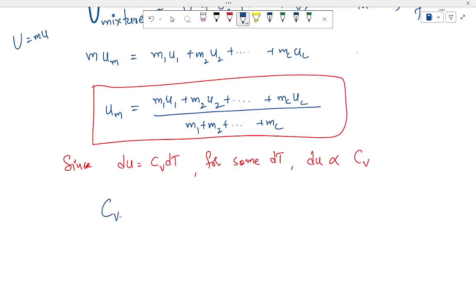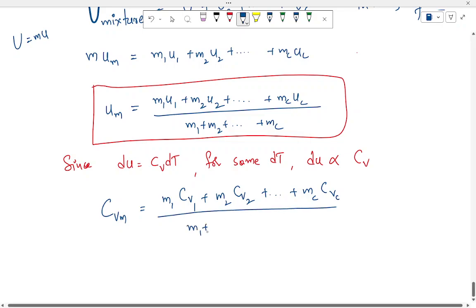The Cv of the mixture will be equal to m1 Cv1 plus m2 Cv2 plus so on plus mc Cvc, divided by m1 plus m2 plus so on plus mc.